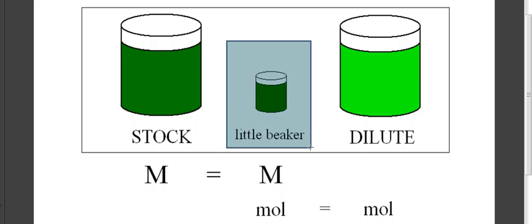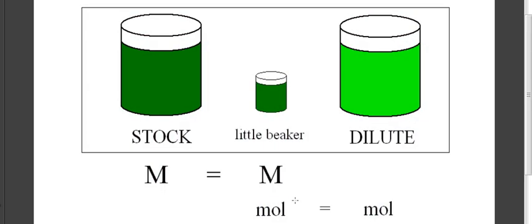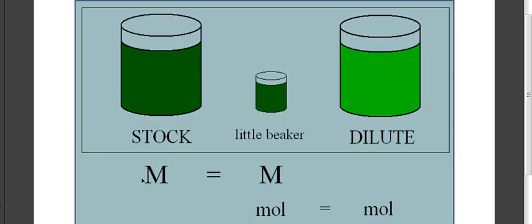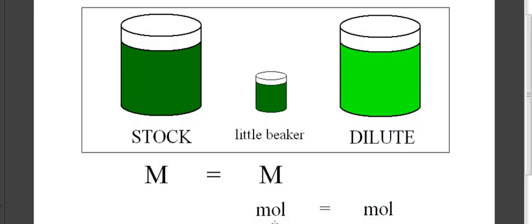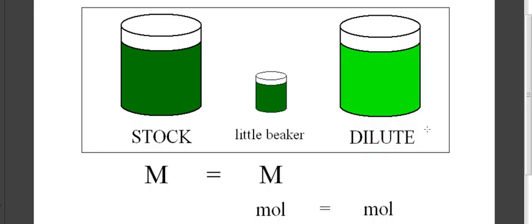So what I'm going to do is look for a volume for little beaker, and find out how many moles I actually have within little beaker. Because when I find out how many moles I have in little beaker, it's going to tell me what the molarity of my stock is. And if I know the molarity of my stock, and I know exactly how many moles I have in little beaker, then it will definitely help me to calculate the dilute solution.